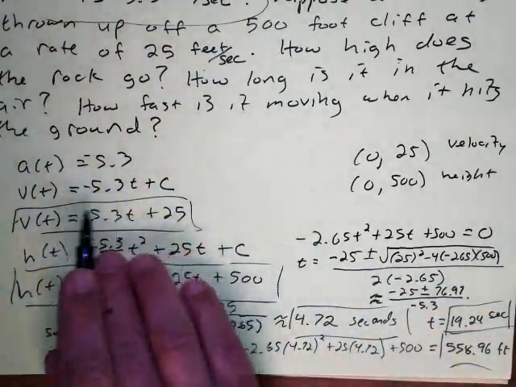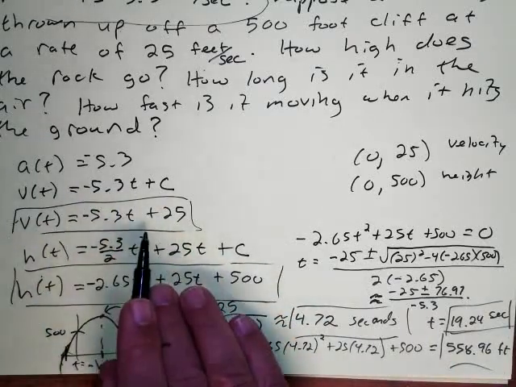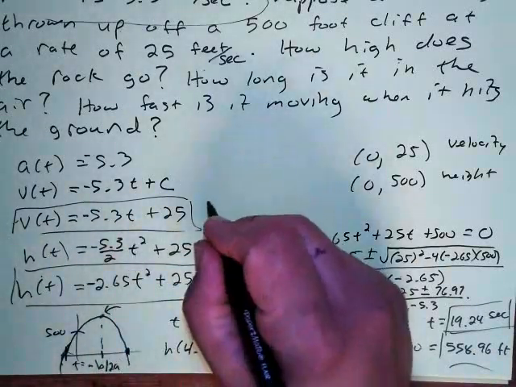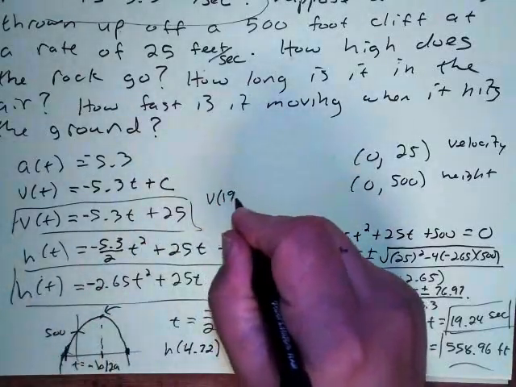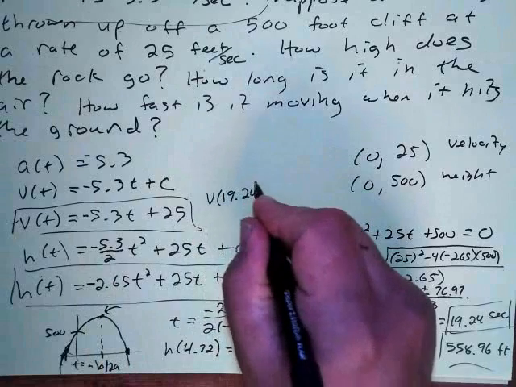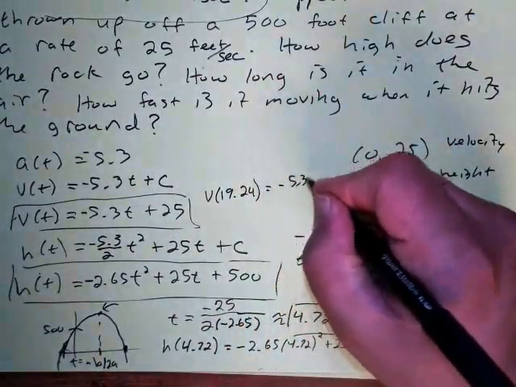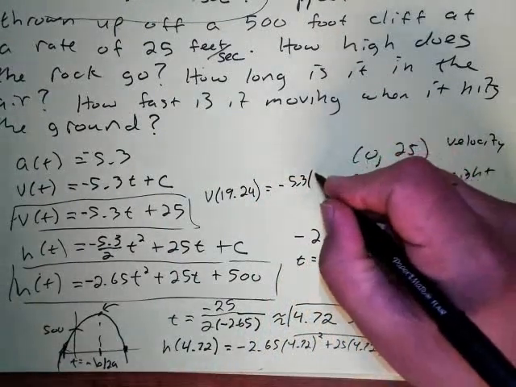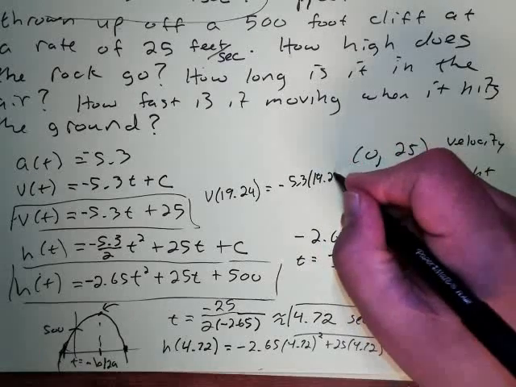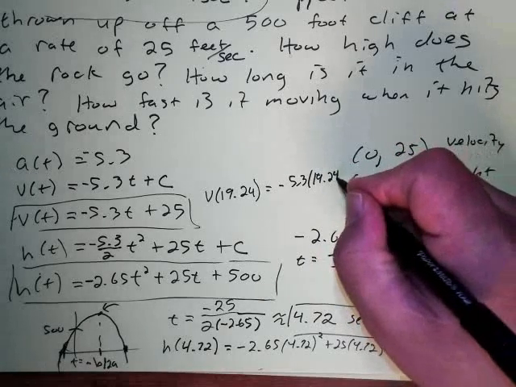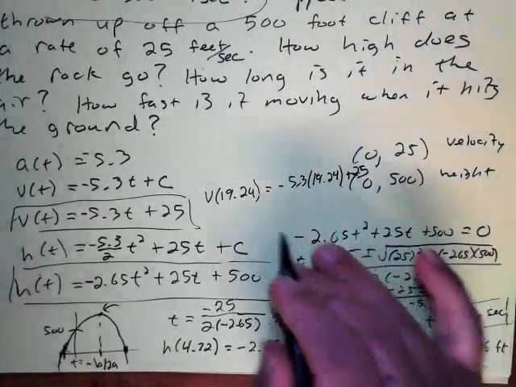Well, this is a matter of plugging it into the velocity function, right? So let's do that. V of 19.24, and I'm going to get negative 5.3 times 19.24 plus 25, and I'm squeezing that in there.